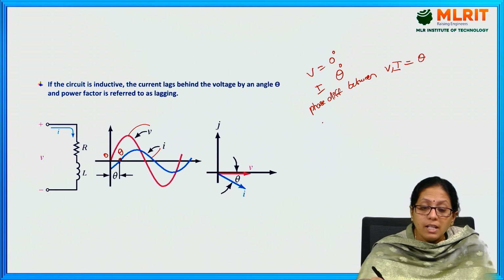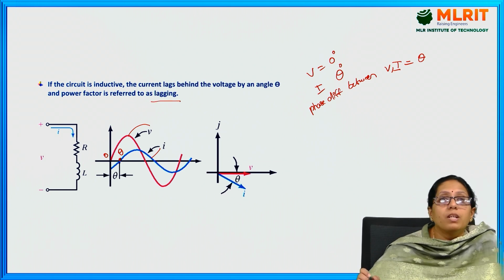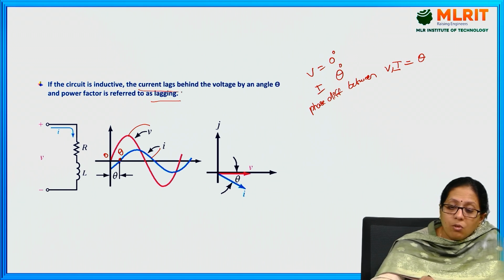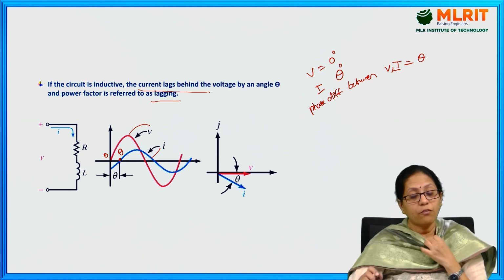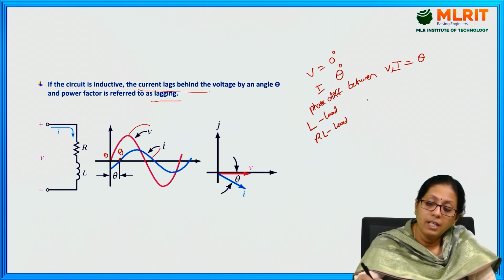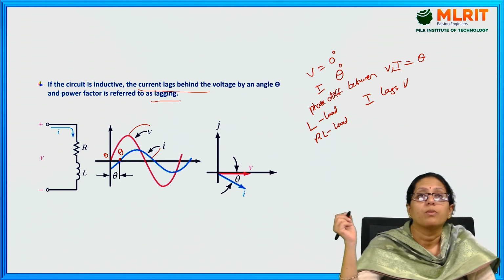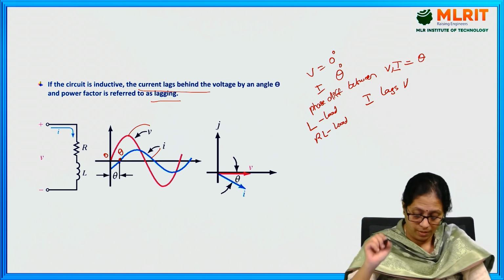That means we can say it is lagging. The current lags behind the voltage, which is the case for inductive load or RL load. We will call it lagging.